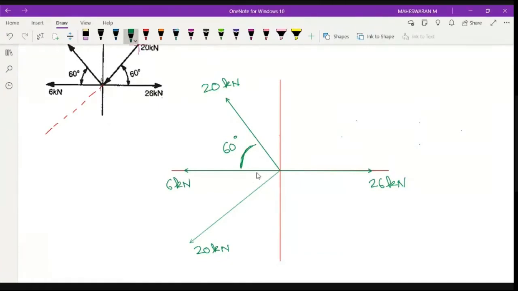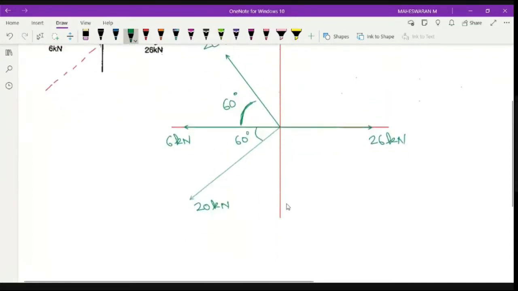This is also 60 degree with respect to x-axis. This is how you have to shift your force. Any doubt on this, shifting this force? No, sir.